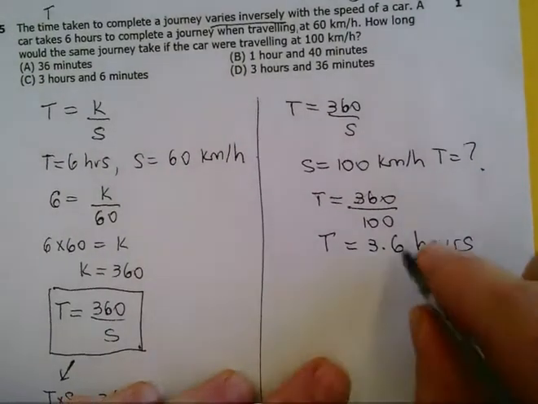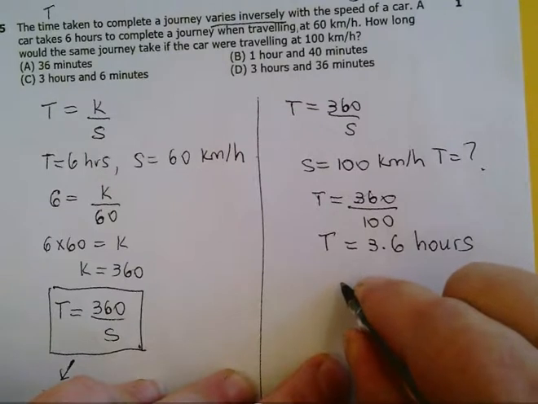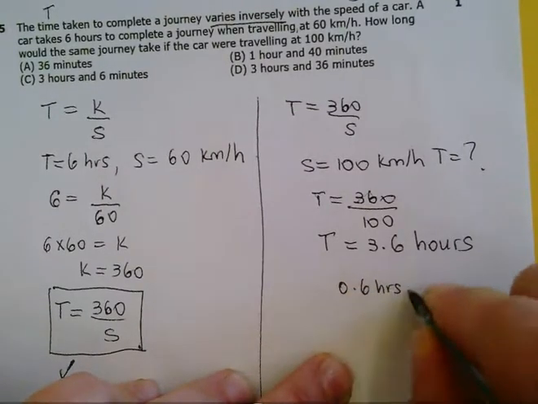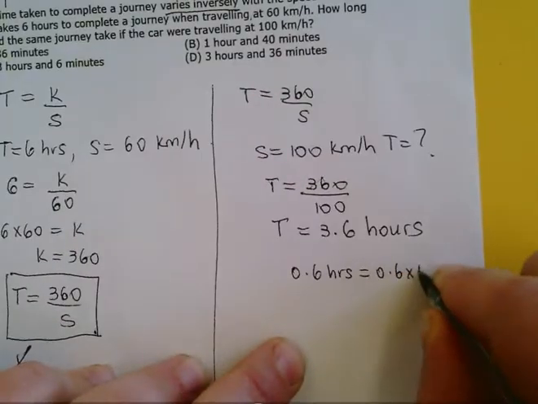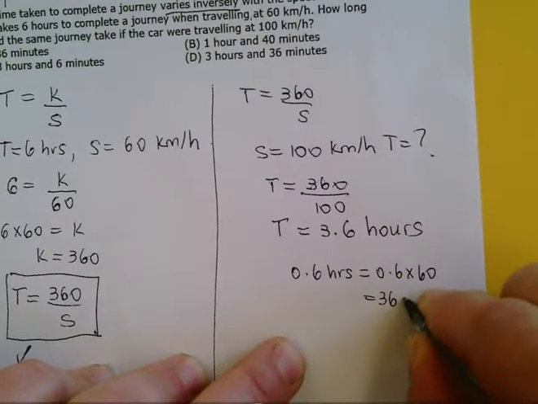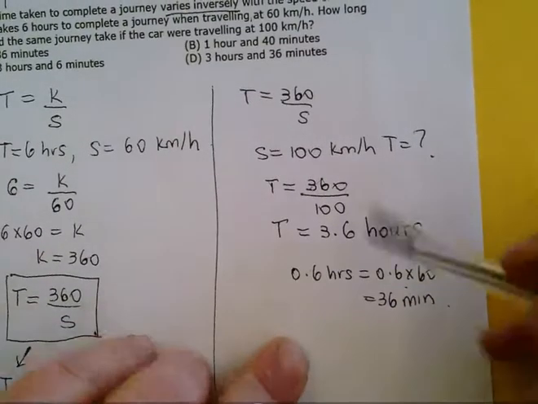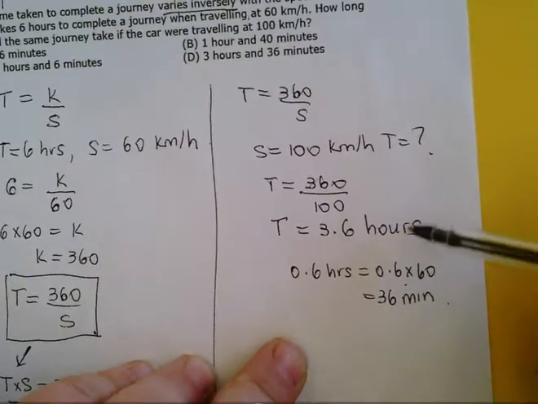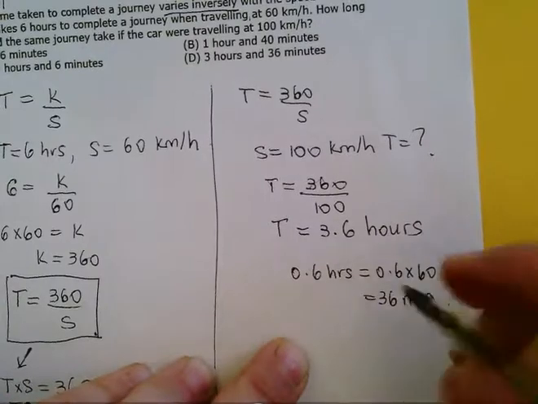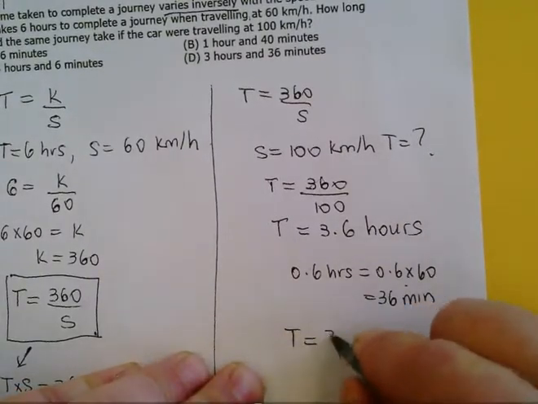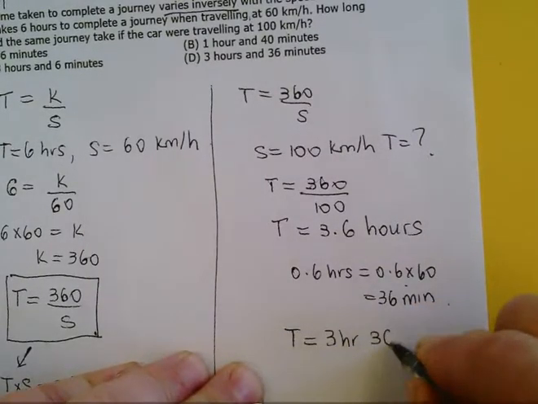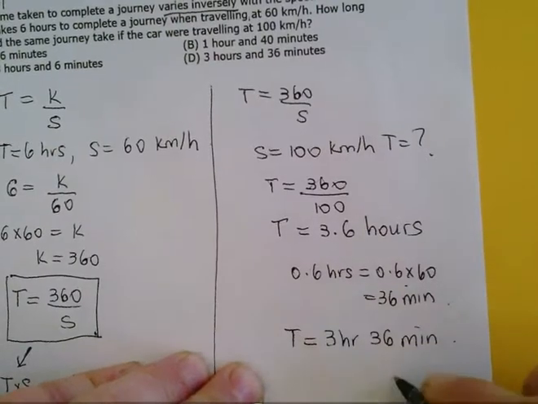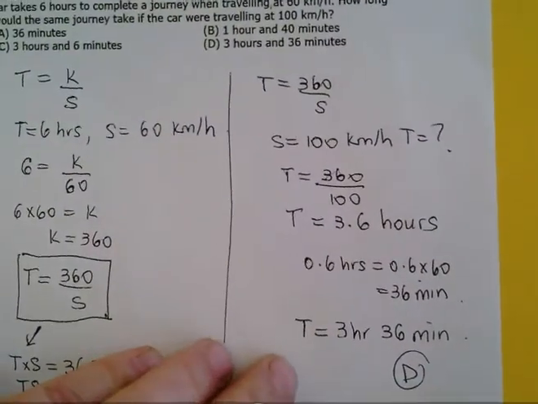Now 0.6 hours is the same as 0.6 times 60, which is 36 minutes. Also, 0.5 of an hour is 30 minutes, so 0.6 of an hour is going to be more than 30 minutes. So the time is 3 hours and 36 minutes, and that is option D in the multiple choice answer.